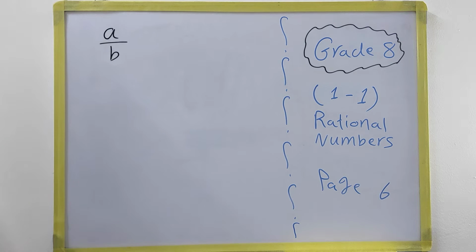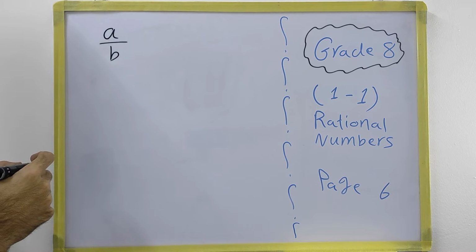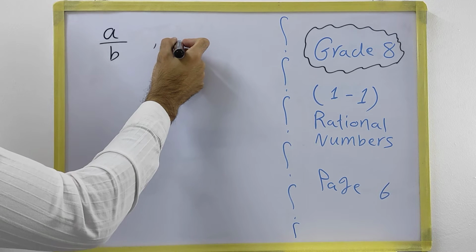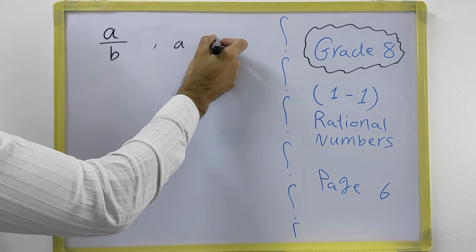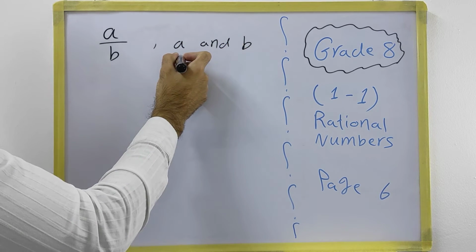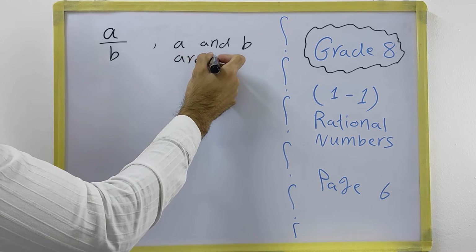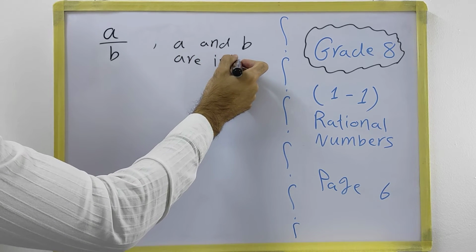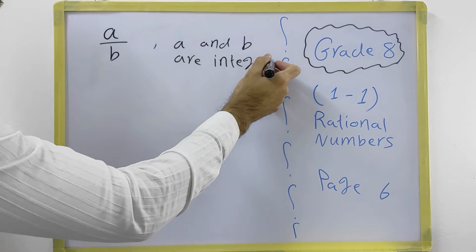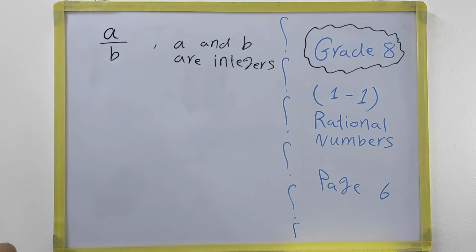in this form a over b. Rational numbers are those numbers which we can write in the form of a over b, where a and b are integers, and we have another rule.